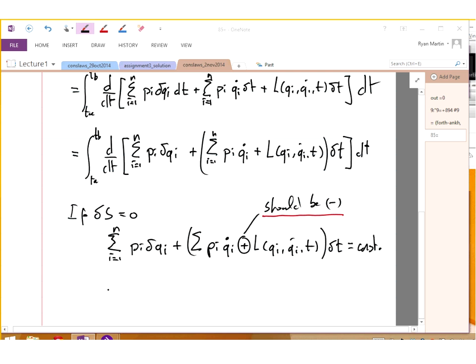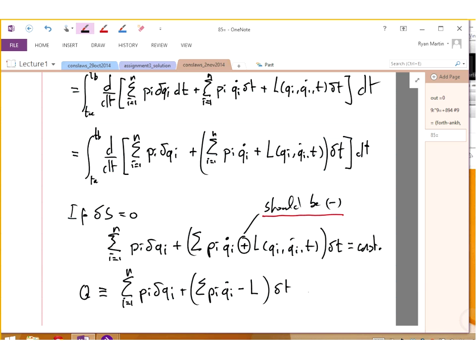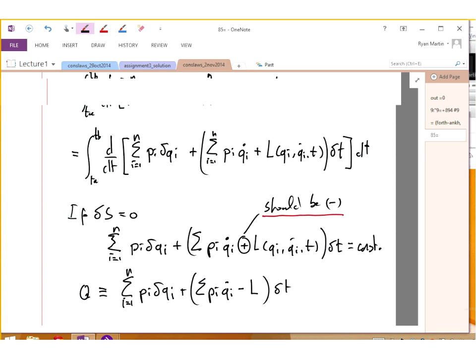So if we introduce the quantity Q, capital Q, as this sum from i equals 1 to n of pi delta qi plus the sum of pi qi dot minus L delta t. That quantity Q is conserved if the Lagrangian is invariant, if the action is invariant with respect to that change in coordinates.